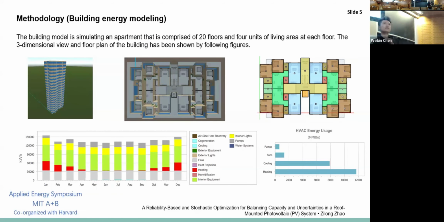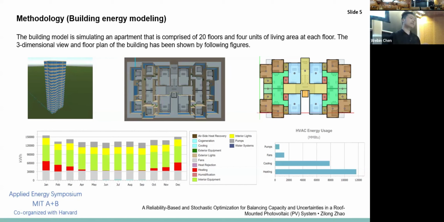The building energy modeling is conducted in Trace 3D Plus, which is software developed by Train Technologies. This is a high-rise apartment, which has 20 floors in total. Each floor contains 4 one-bedroom units. This is a typical American apartment, and we're simulating it in both Minneapolis, the United States, and Hangzhou, China.